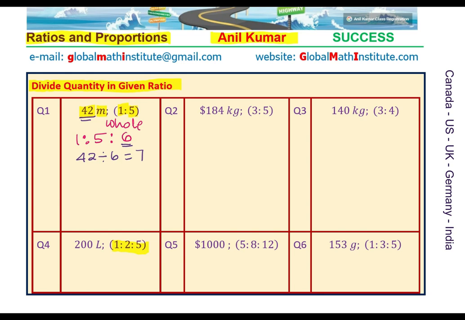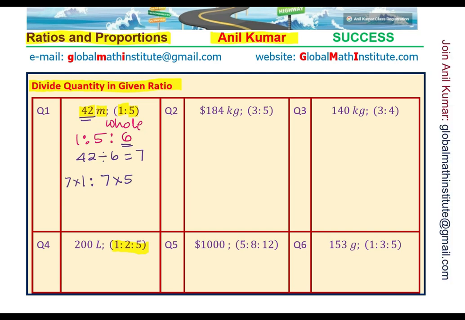In this case, you can think about the wire being 7 meters long. Now, you give in the ratio of 1 is to 5. So we use 7 times 1 is to 7 times 5. You get the idea.